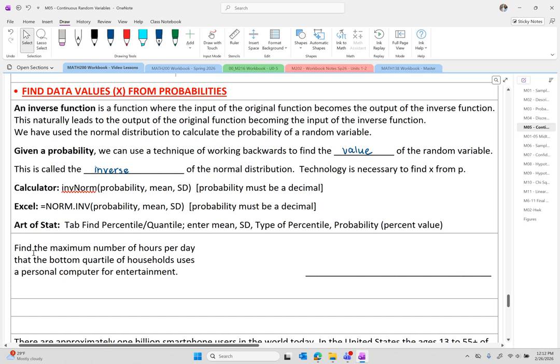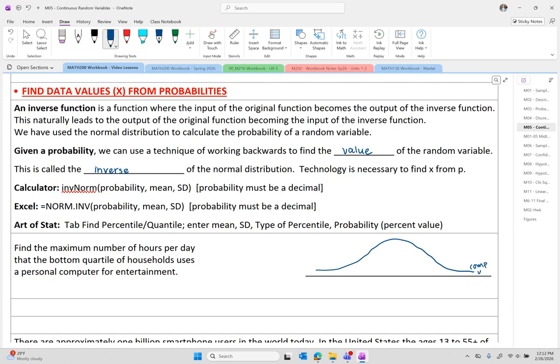So again, in the previous example, find the maximum number of hours per day that the bottom quartile of households uses a personal computer for entertainment. I'm going to sketch my graph. I'm going to label the axis as computer use in hours. The middle is 2.